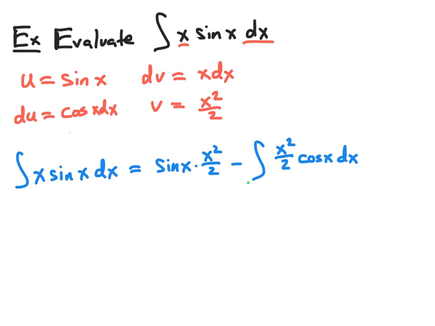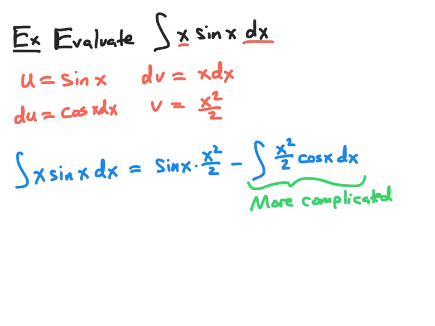And what we observe right away is that this integral here is actually more complicated than the one we started with. The sine of x and cosine of x parts are pretty similar, but we went from x, a polynomial of x, to a polynomial of x squared over 2.